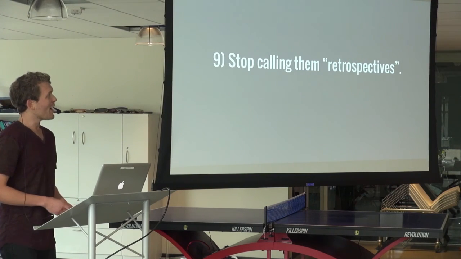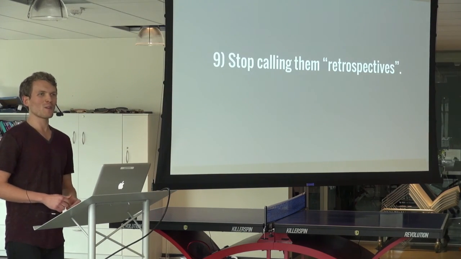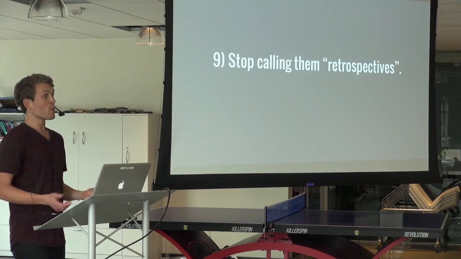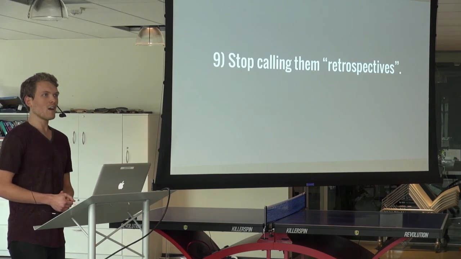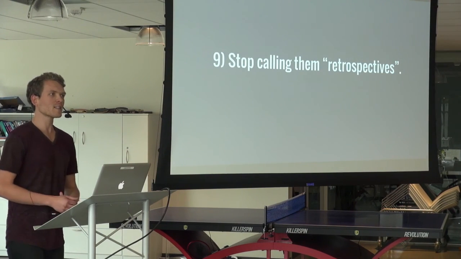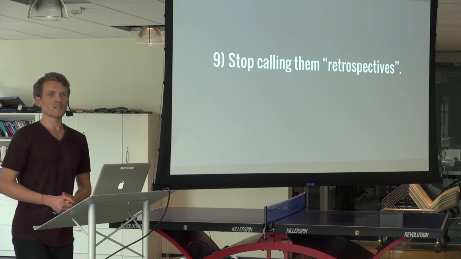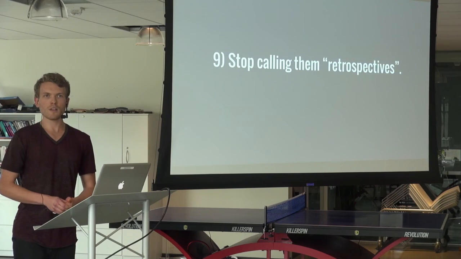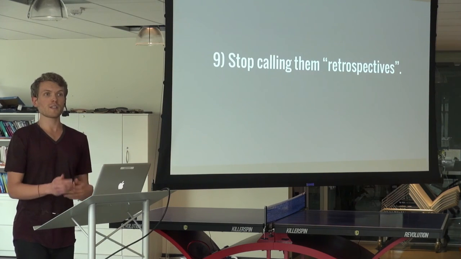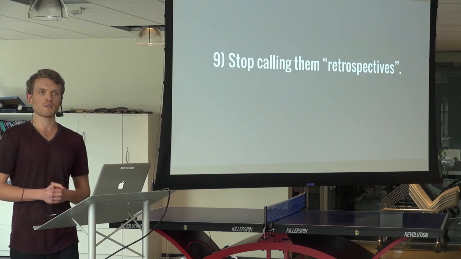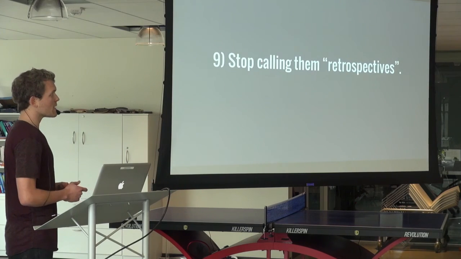I'll admit that my action item is to stop calling them retrospectives. I don't know what a better name for them is. I think alignment makes sense. Adjustment makes sense. I don't know what the connotations everyone has with those words. But at least those start to walk us in the direction of what we want this meeting to be about.